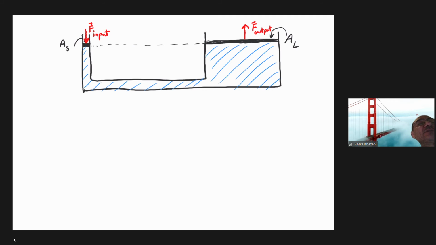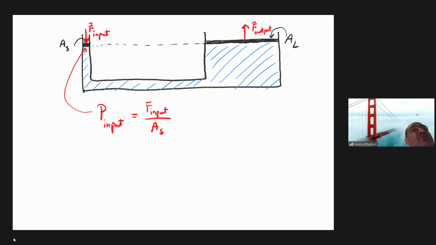So I can calculate the pressure at the input. The pressure at the input is equal to the force that I'm applying divided by the area of that piston.